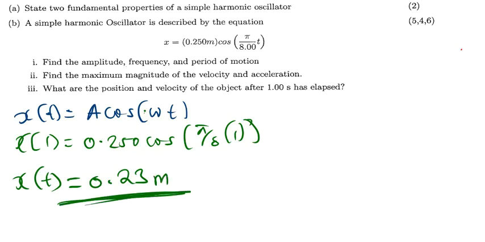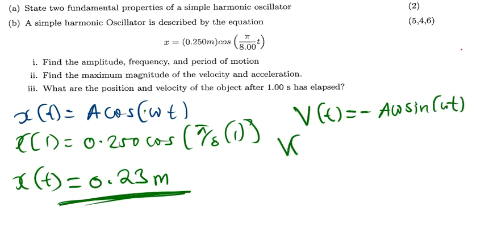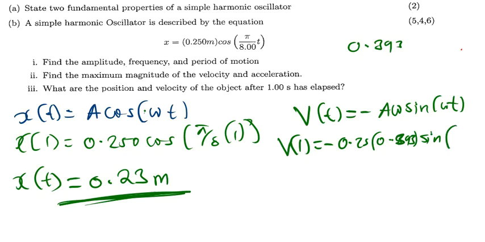Then the velocity, now I'll say v, the formula is negative a this, then sine that. So I'll just say as a function of 1, negative 0.25, then that is, we said that was 0.393, so I'll just put 0.393 sine 0.393 times 1.